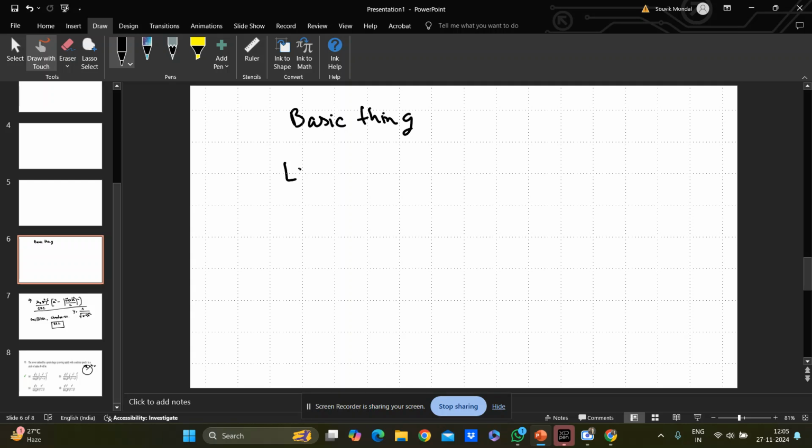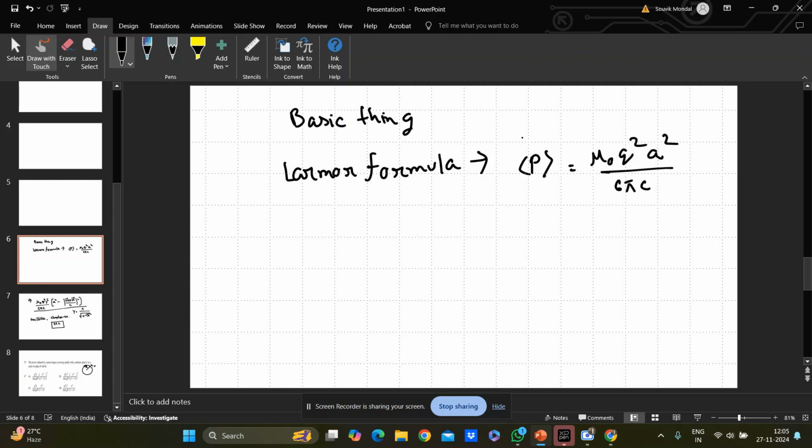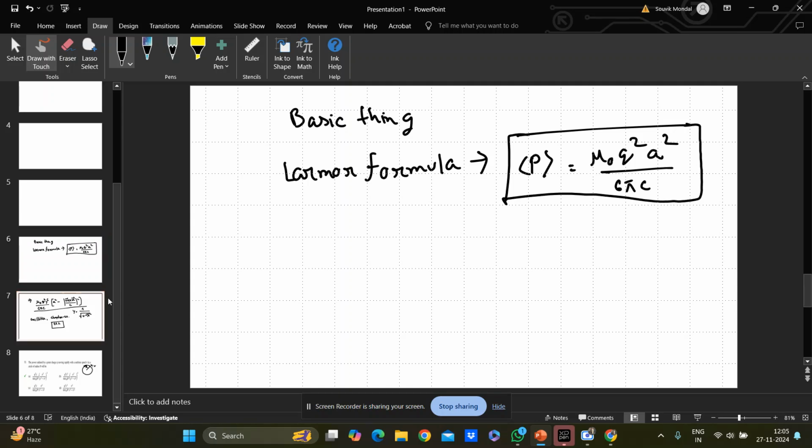You know the Larmor formula because it comes many times in your course, also in the QM course, in time-dependent perturbation. The average power radiated is mu naught q squared a squared by 6 pi c. This is your Larmor formula, and you have to keep this in mind, otherwise you can't memorize the complicated formula.